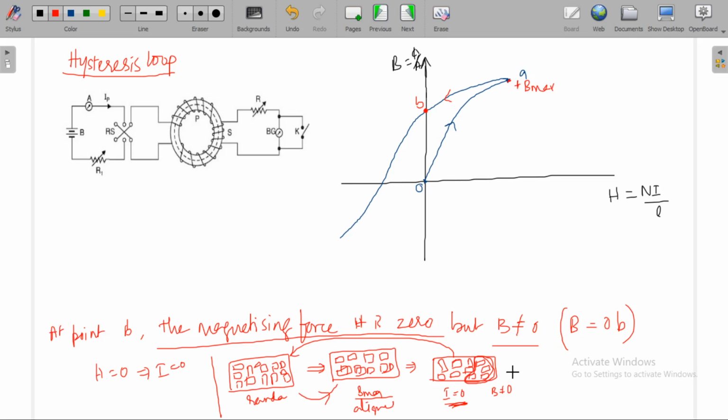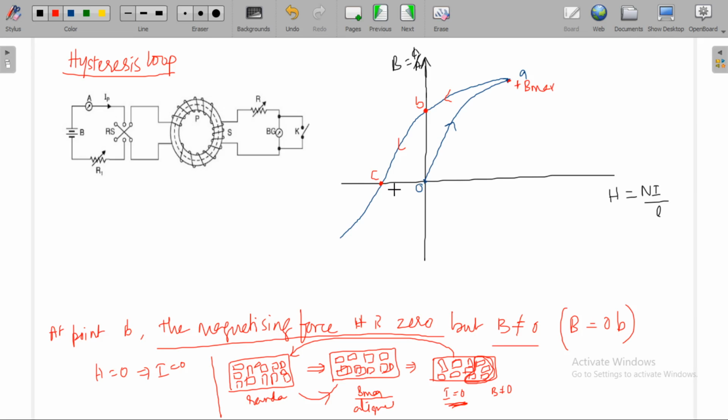Now you do one thing. You increase the current in reverse direction to make B zero. Now at point C, flux will be equal to zero.